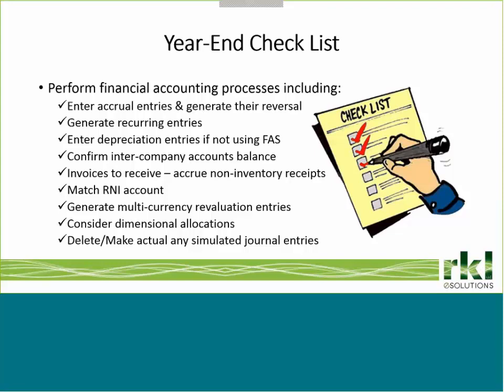The system allows you to set up recurring entries. So if you've got recurring entries in the system, you can run the process to generate all your recurring entries. If you're not using FAS, you'll enter your depreciation entry manually, or that may be a recurring entry. We'll talk a little bit more about FAS on the next slide if you're actually running FAS.